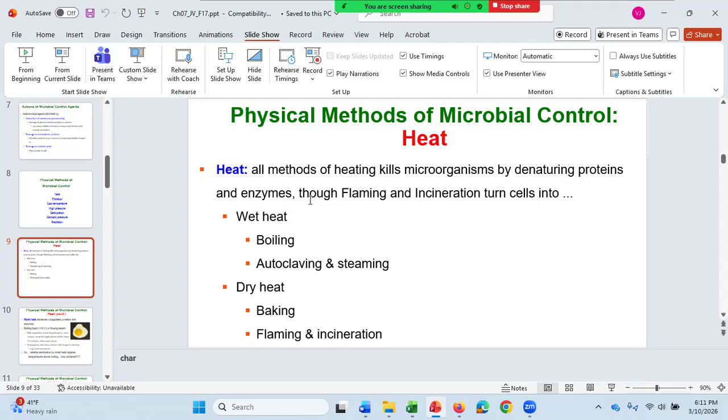Very effective. You can also do dry heat. This includes baking, heating something in a Bunsen burner, which is called flaming, and then incineration, where you're taking the red hot loop and putting it into the Bunsen burner.